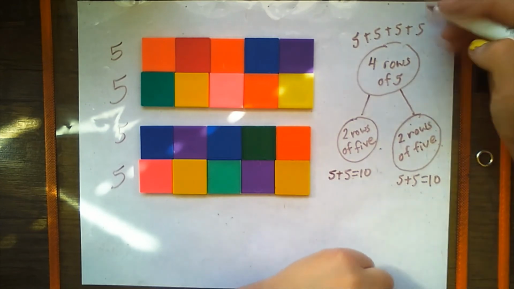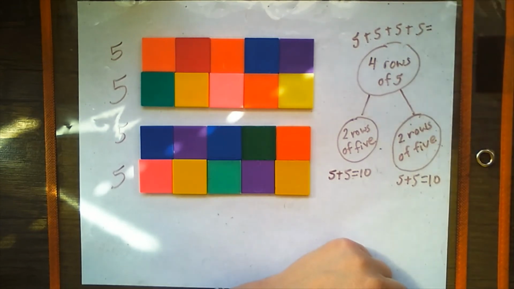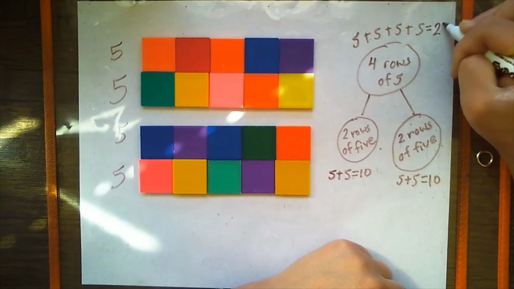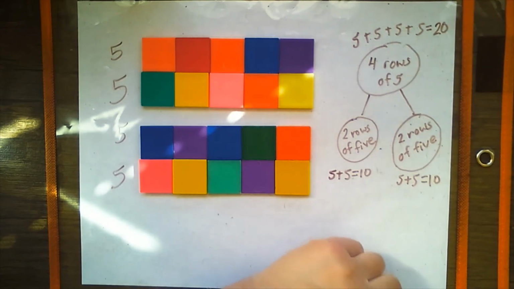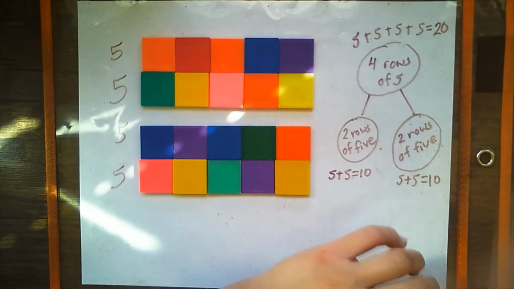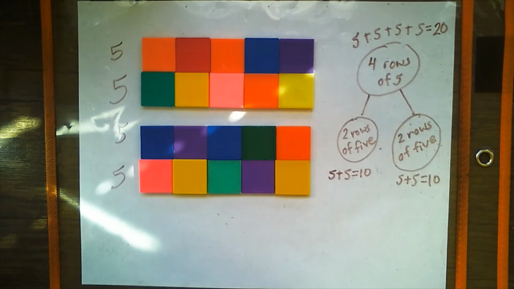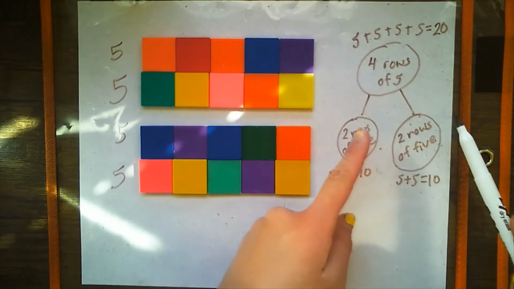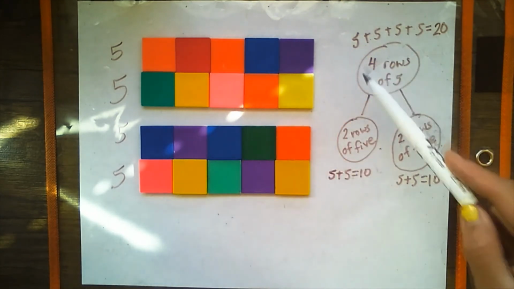We can also be extra prepared and write down 20 for our whole amount, which 5 plus 5 plus 5 plus 5 gives us the whole amount of 20. So then our 2 parts and the whole in a number sentence would be 2 rows of 5 and 2 rows of 5 make 4 rows of 5.